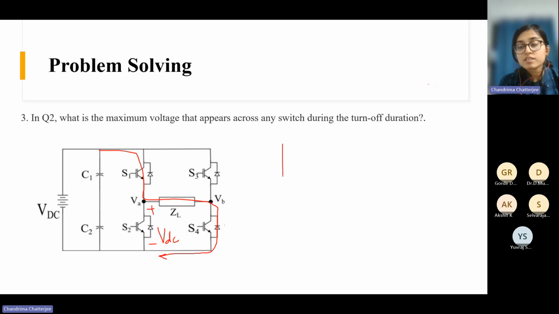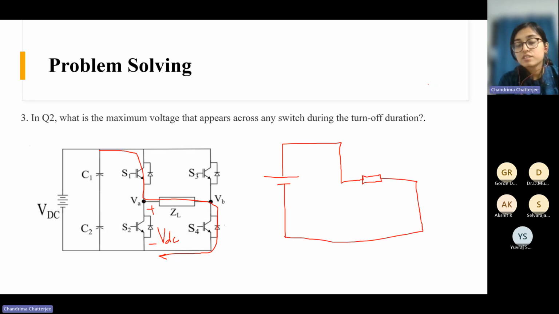Now the equivalent circuit is something like this. When S1 and S4 are on, the equivalent circuit is something like this. S1 is on and S4 is also on, and S2 and S3, these two, are off.